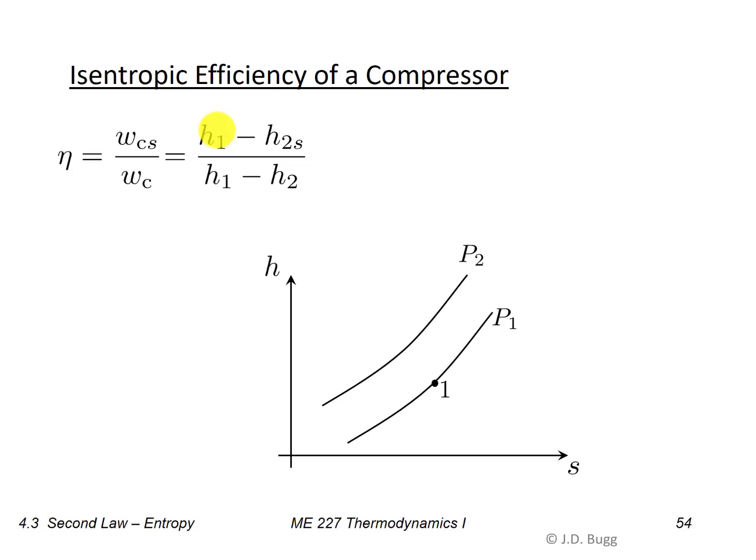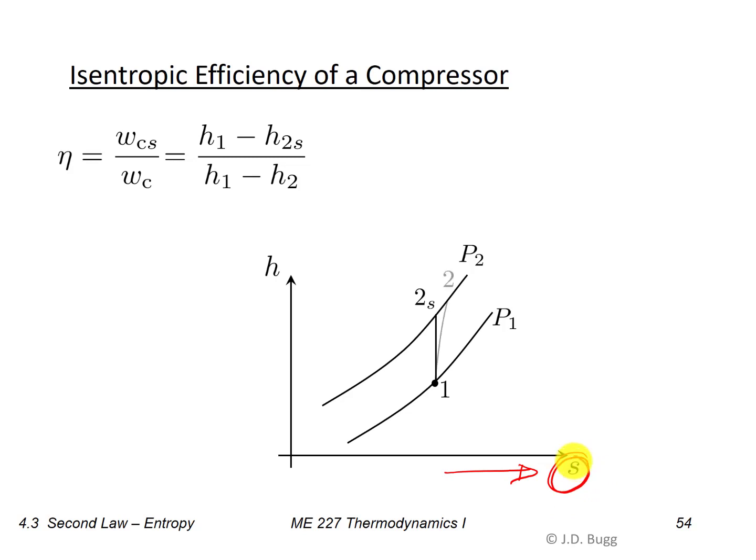And if we look at this on our HS diagram, again, we're now compressing, so we're going from a low pressure up to a high pressure. The isentropic compressor would go straight up, so point 2s would be directly above point 1. The real compressor is going to drift to the right as it goes up, because irreversibilities are causing entropy to increase.